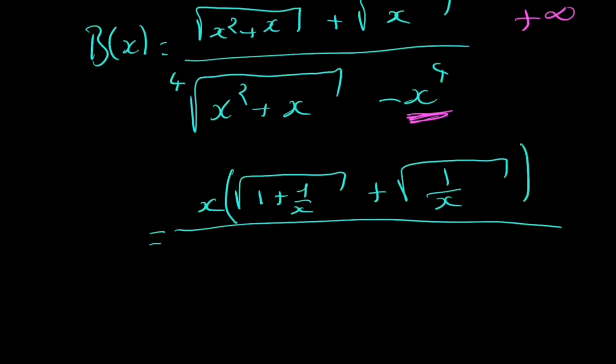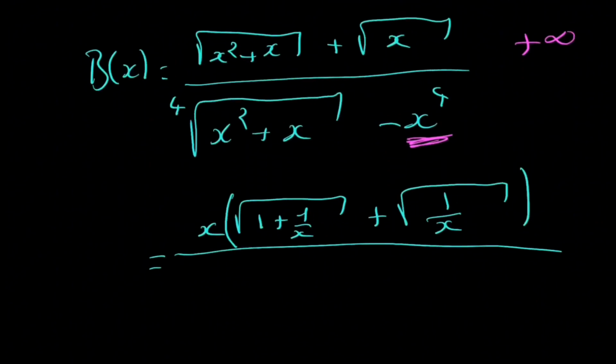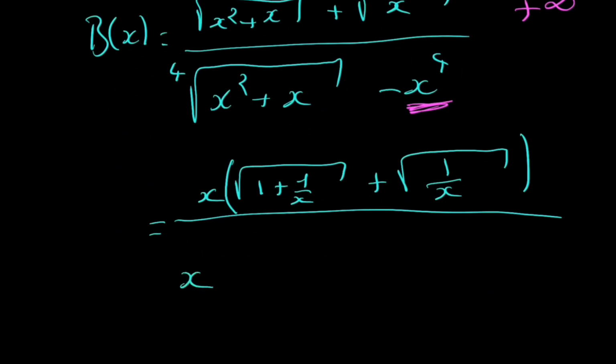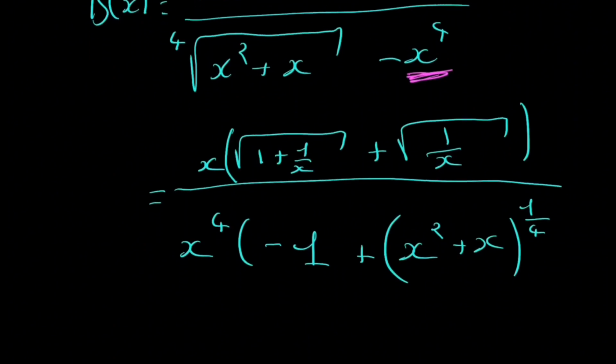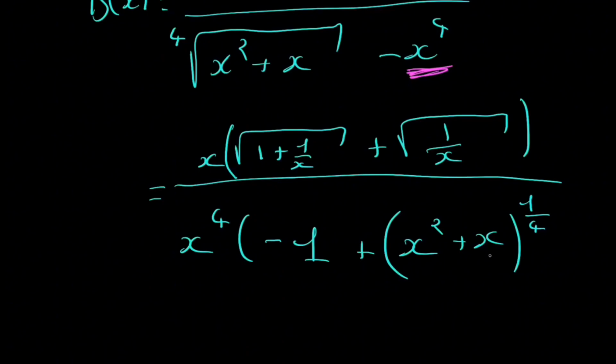Perfect. So this is for the top, and here we've got x to the fourth, factor of minus 1 plus, so x squared plus x to the fourth root is the equivalent of exponent 1 over 4, and to factorize by x squared and put it into the root, we have to do x to the fourth times 4, dividing.